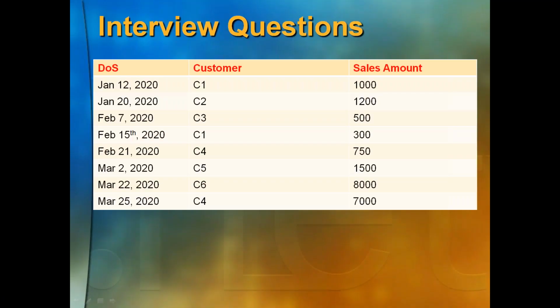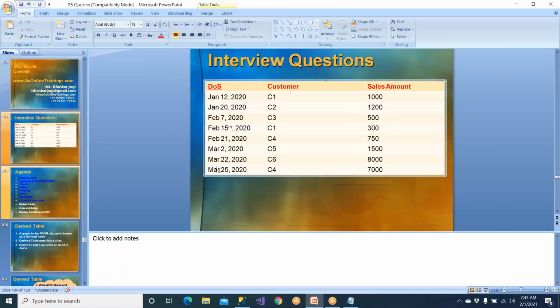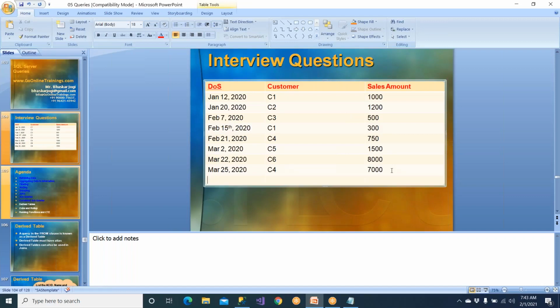In March, what is happening? In March, there are C5 and C6, and you may get C4 as well, or C1 as well. Let me include one more value also. On March 26th, C1 or C2 purchased 1,200 products.